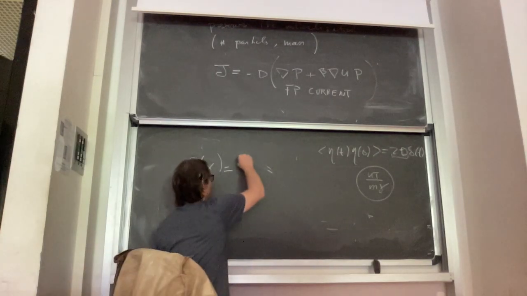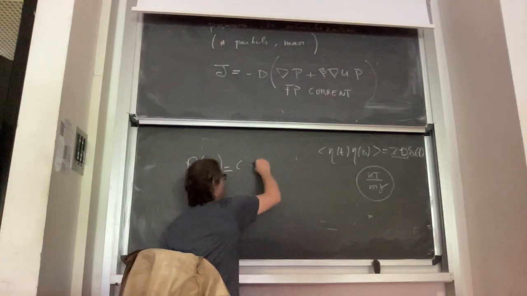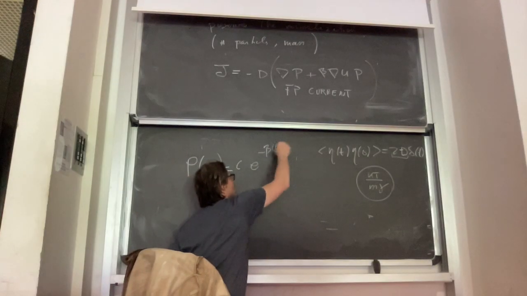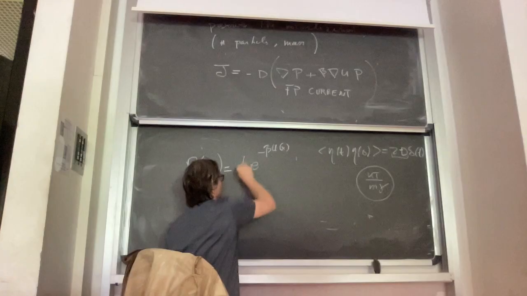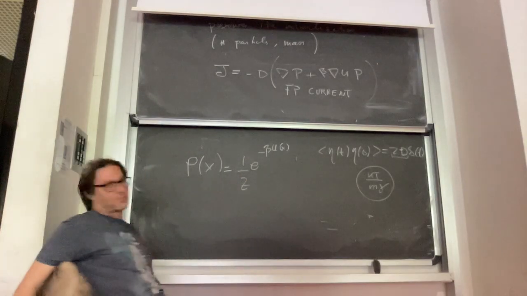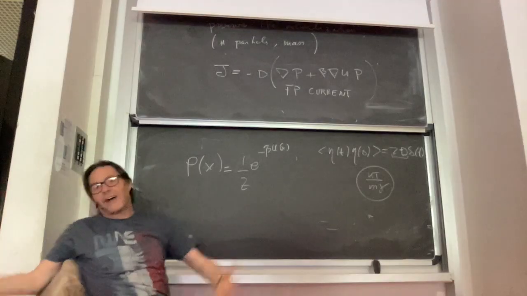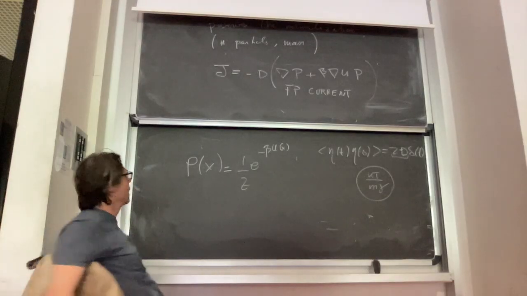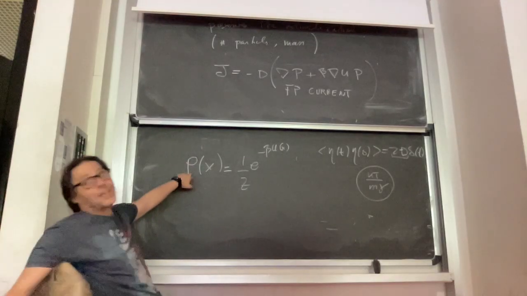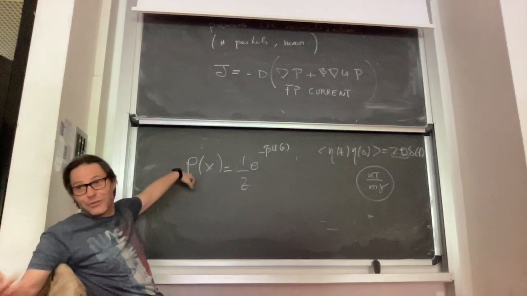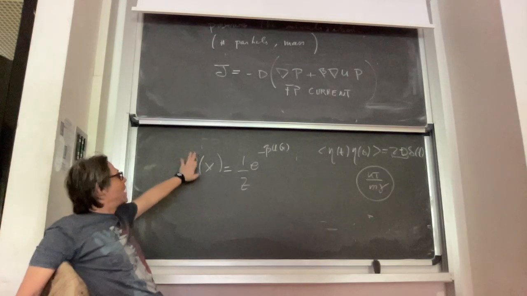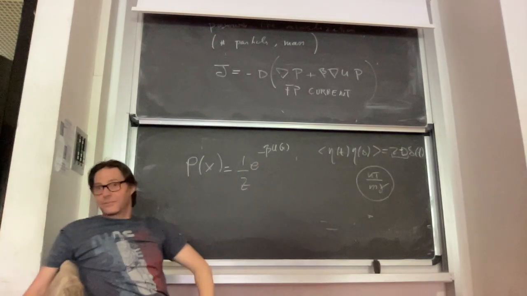And I call it one constant, which I will fix later, times the Gibbs distribution, e to the minus beta u of x. Well, the constant is obviously the partition function to the minus 1, so let's write it already. This is a function. I define it for you. I haven't derived it here. We derived it from the maximum entropy principle, if you remember. But let's forget about it. I'm giving you this function.